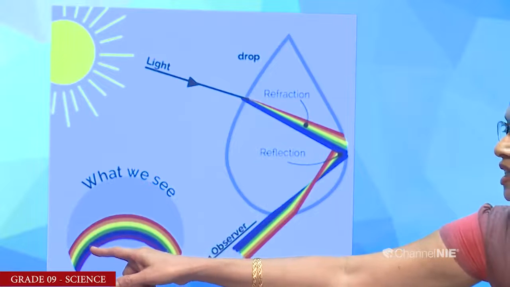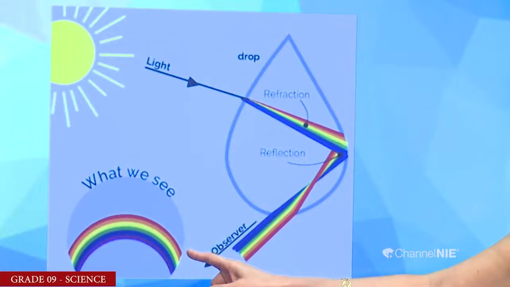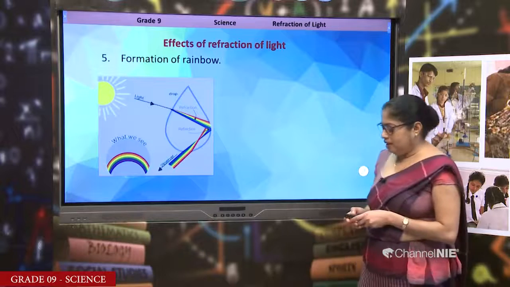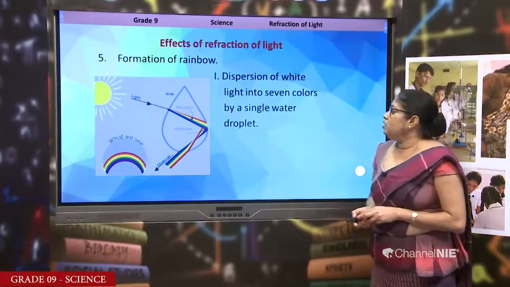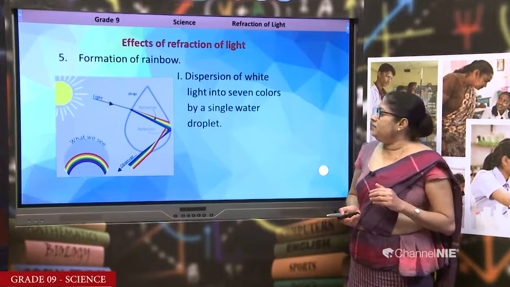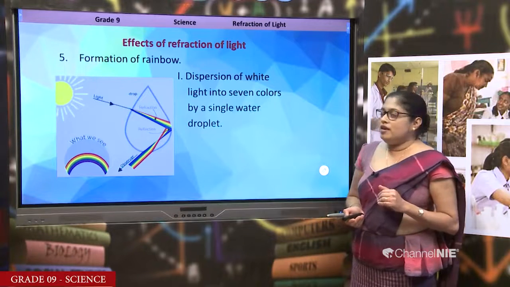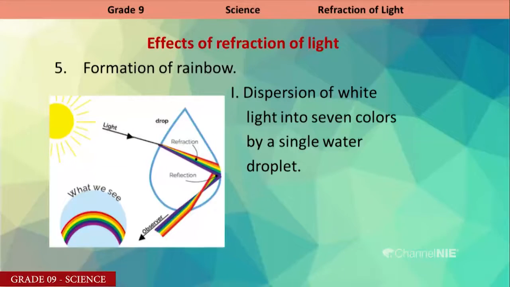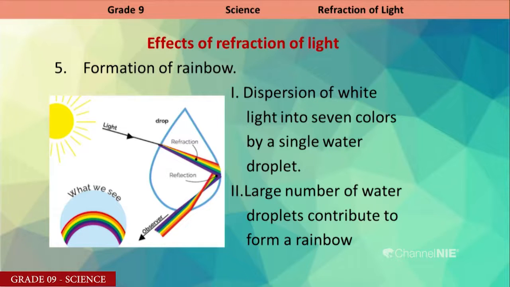This is what we see as the rainbow. Here, light is dispersed into 7 colors by a single water droplet. Not only a single water droplet contributes to the formation of a rainbow, a large number of water droplets contribute to form a rainbow.